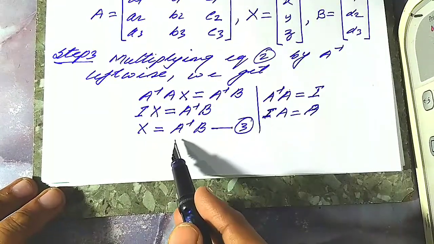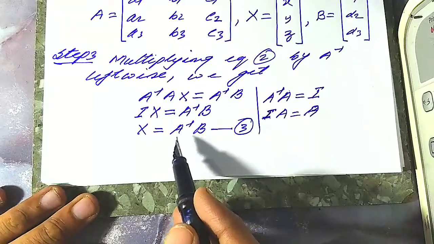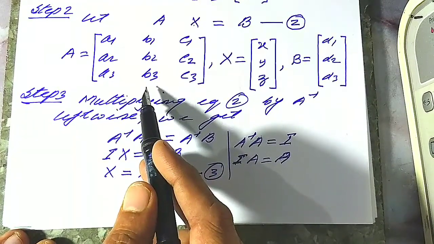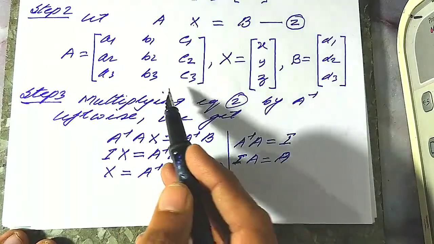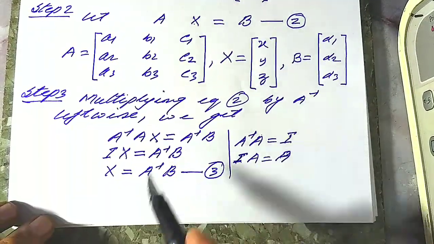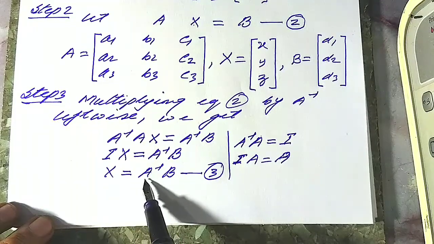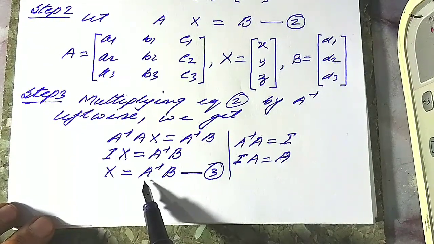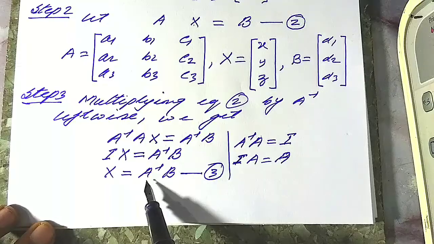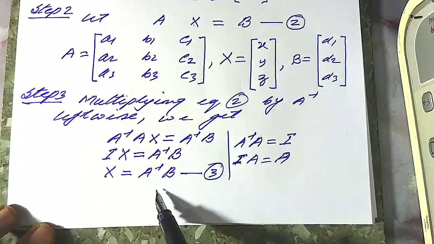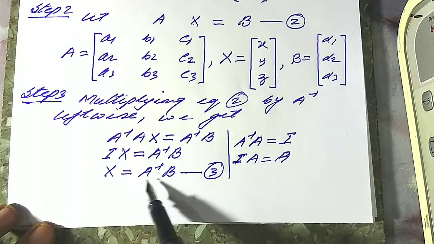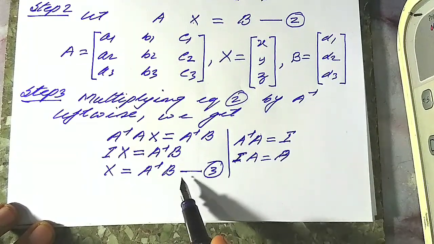Now here we find A inverse with the help of this matrix by cofactor method or by elementary row transformation method, whatever you like. So find A inverse and then substitute the value of A inverse and the matrix B over here, and after that multiply them both.